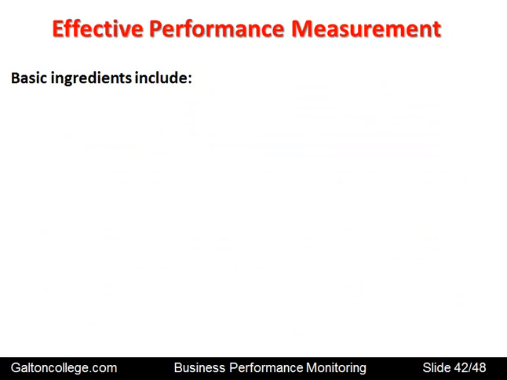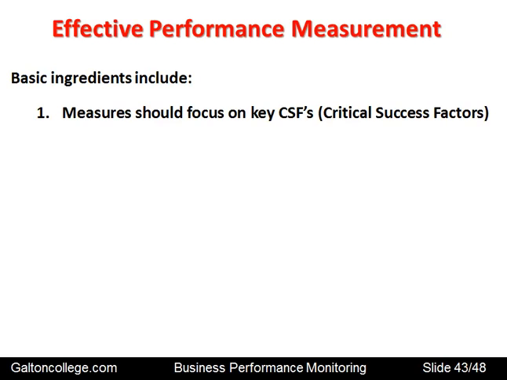Effective performance measurement. Well, the basic ingredients include measures should focus on the critical success factors. Now, a critical success factor is just an element that is necessary for an organization or project to achieve its outcome or its mission.